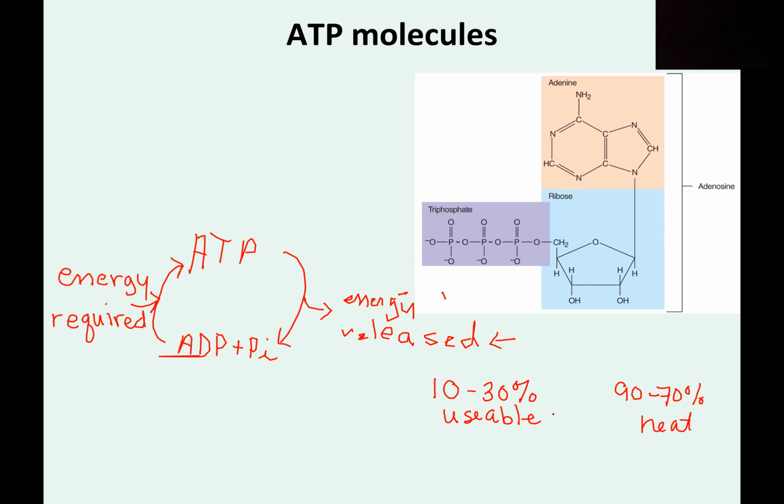Now, 10 to 30% usable energy may not seem like a lot, but if we compare our cells to our car or truck or SUV, whatever it is that you drive, they are only 2 to 3% usable energy, and the rest becomes heat, which is why you have to have a big radiator to dissipate the heat.